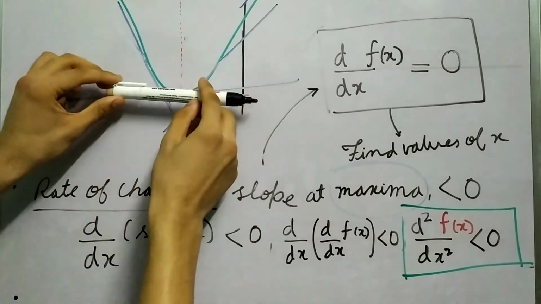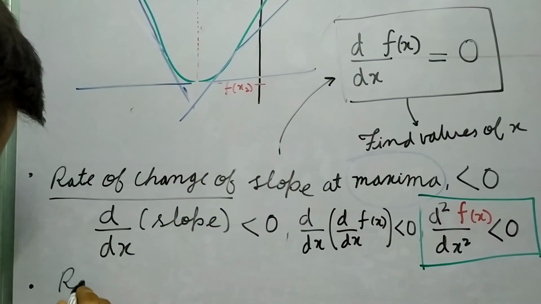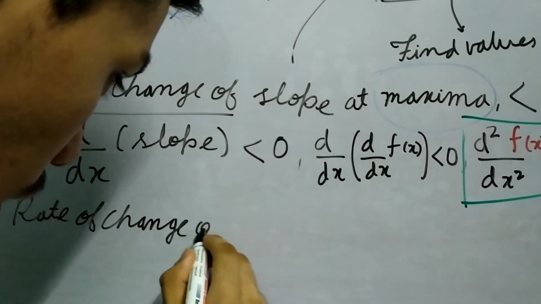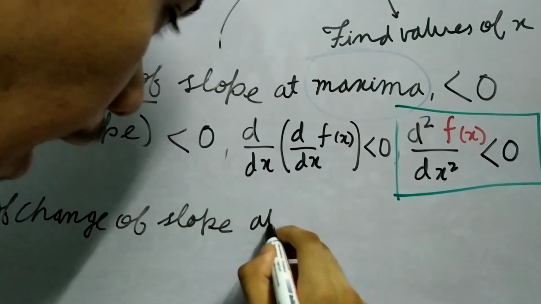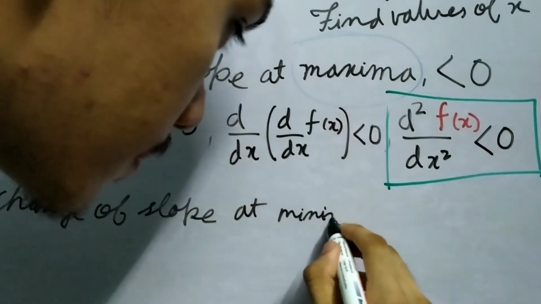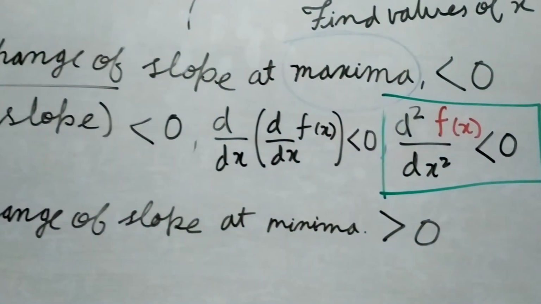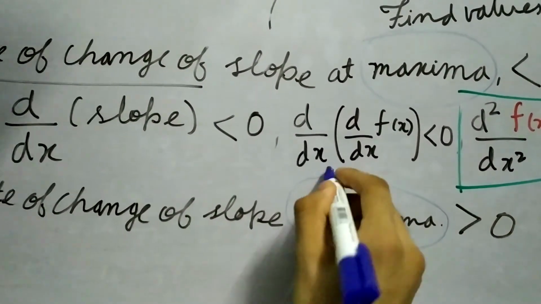So at your minima, it has a tendency to increase, which means your rate of change of slope at your minima is greater than 0. Slope has a tendency to become positive. So at minima, again, extremely crucial.